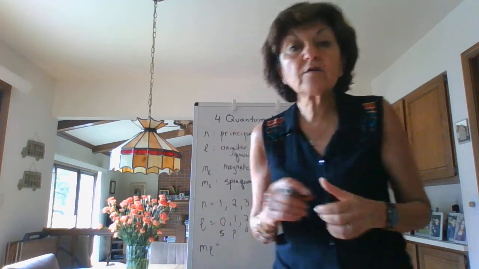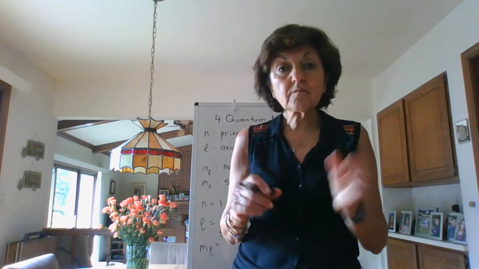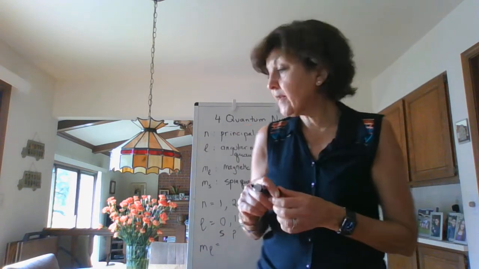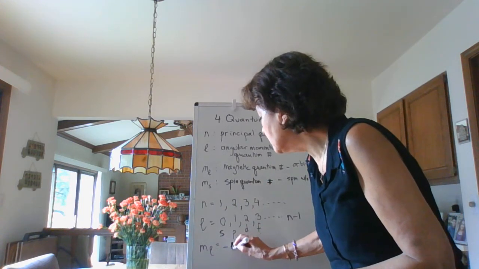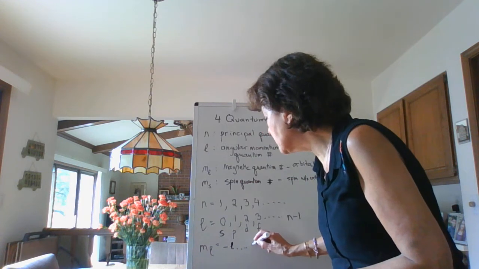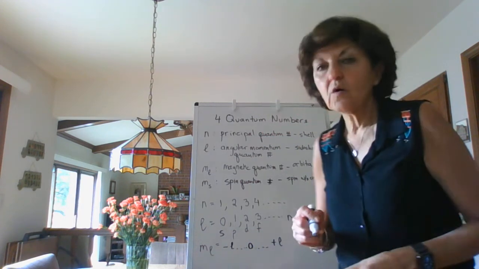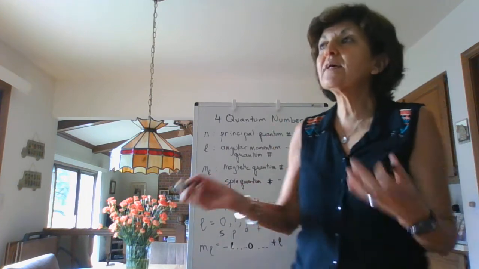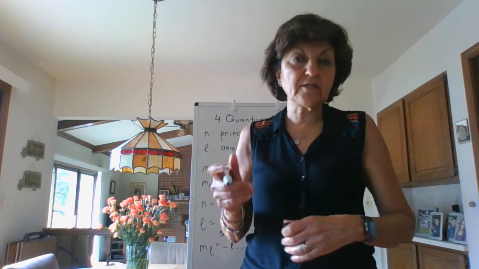So, what are the possible values for ml? The way to figure that out is that you can go from minus L all the way through 0 to plus L. Well, what does that even mean? Well, let's say we know that L is 2, for example.